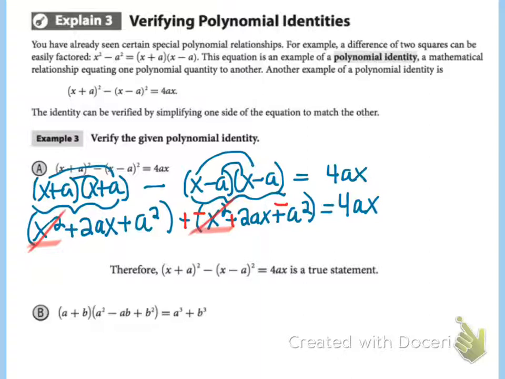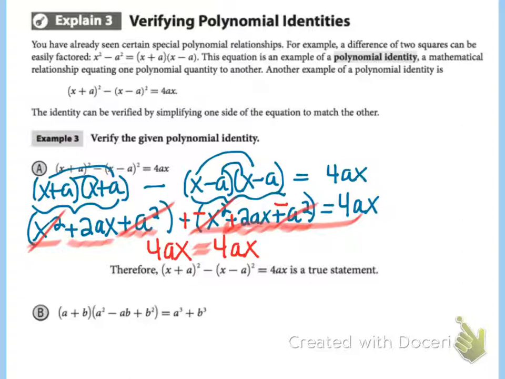And then 2ax and 2ax is going to make it so we have 4ax. And then we have the a squared and the negative a squared, they cancel out. So see, all that was left when we multiplied that all out is 4ax, and that's exactly what we were trying to get it to equal, and it did.